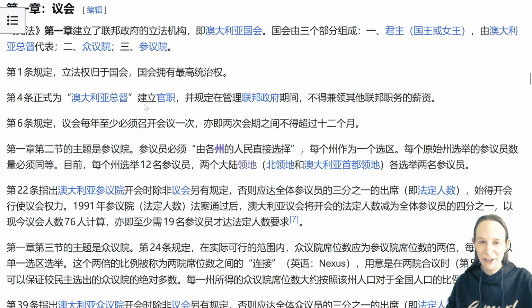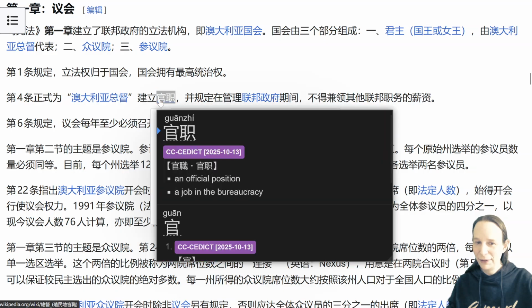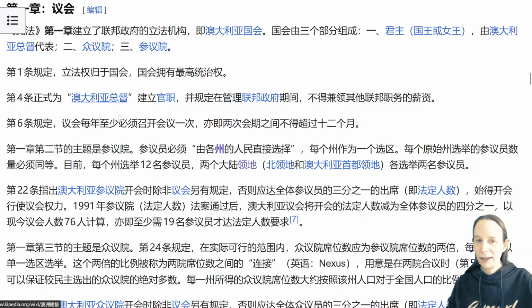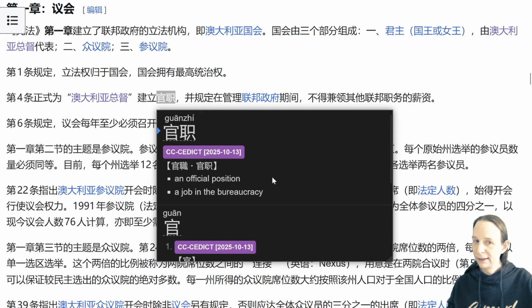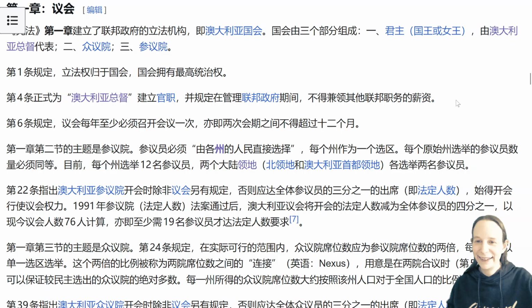So the Governor General of Australia 建立官职. So this is like just the government office or something? The bureau. 建立官职. 并规定在管理联邦政府期间，不得兼领其他联邦职务的薪资。So 官职, I don't really know what that means.